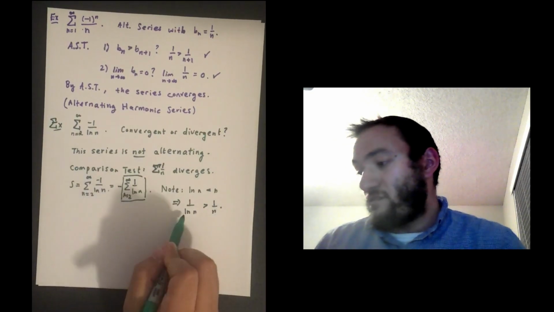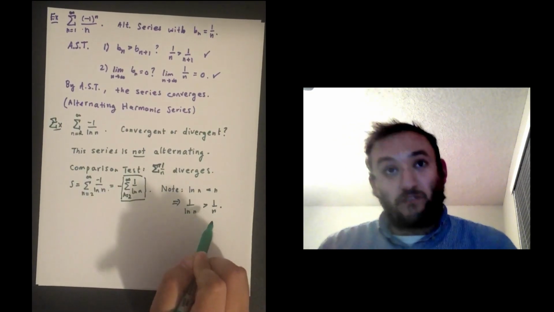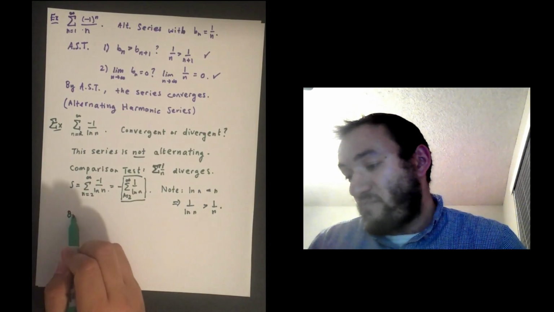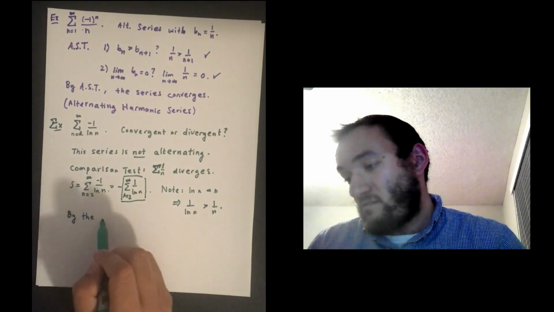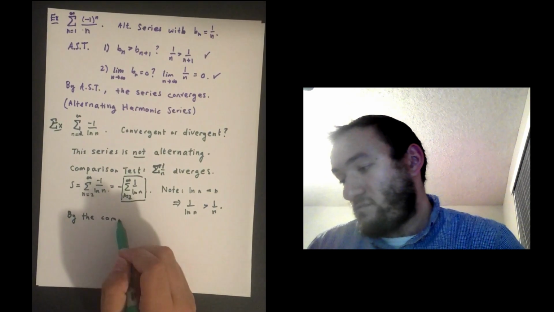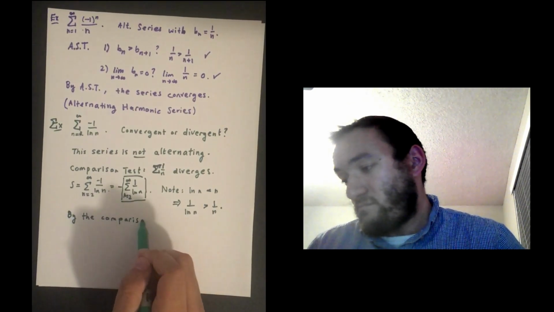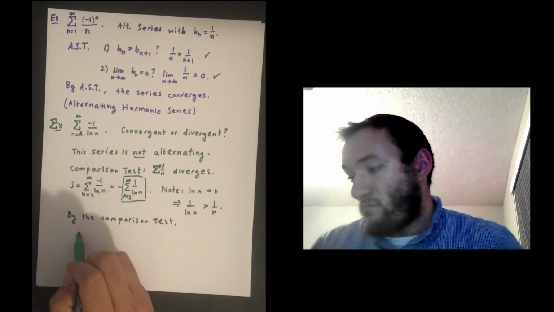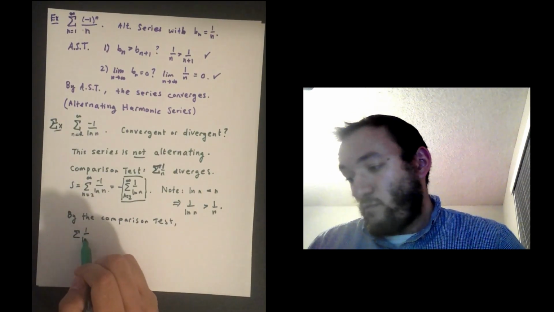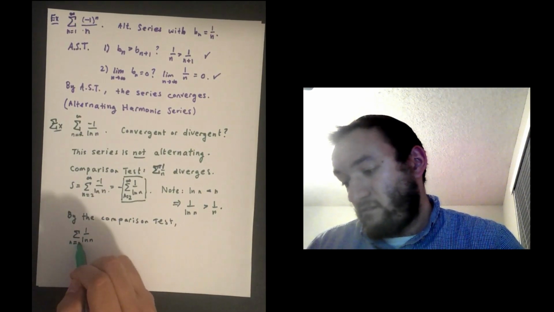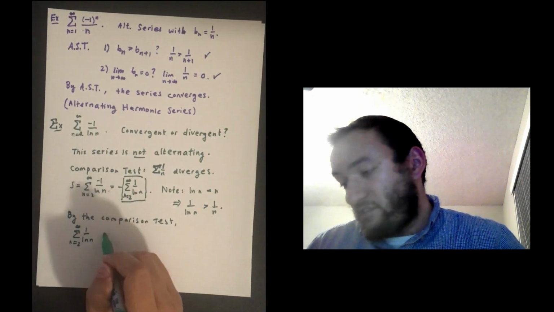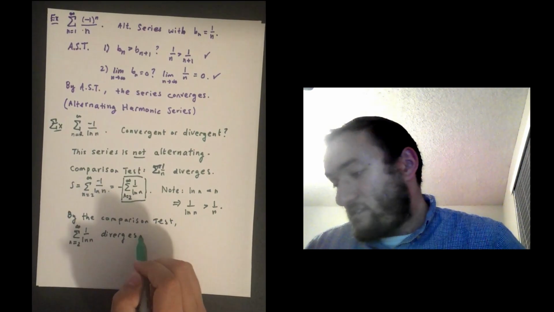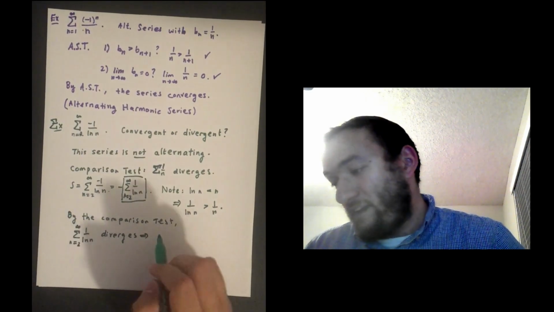And since the terms of this series are greater than the terms of this series, and this is divergent, by the comparison test, 1 over ln n diverges, which implies that the minus of that also does.